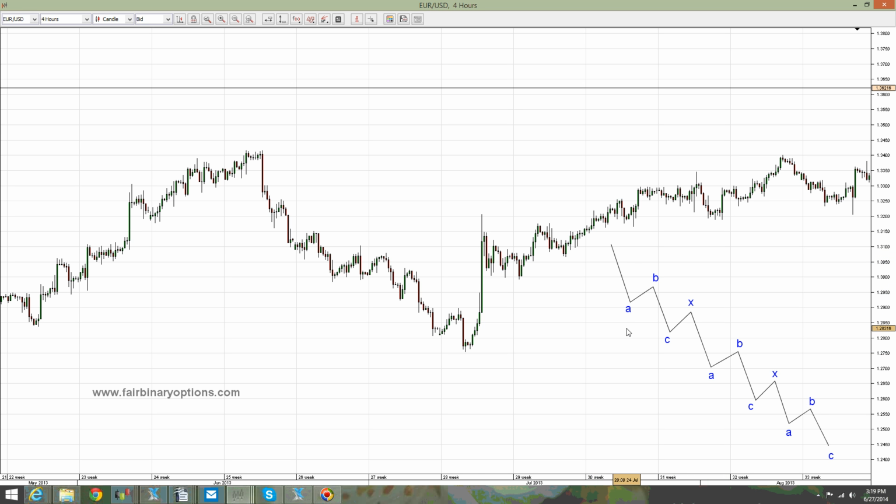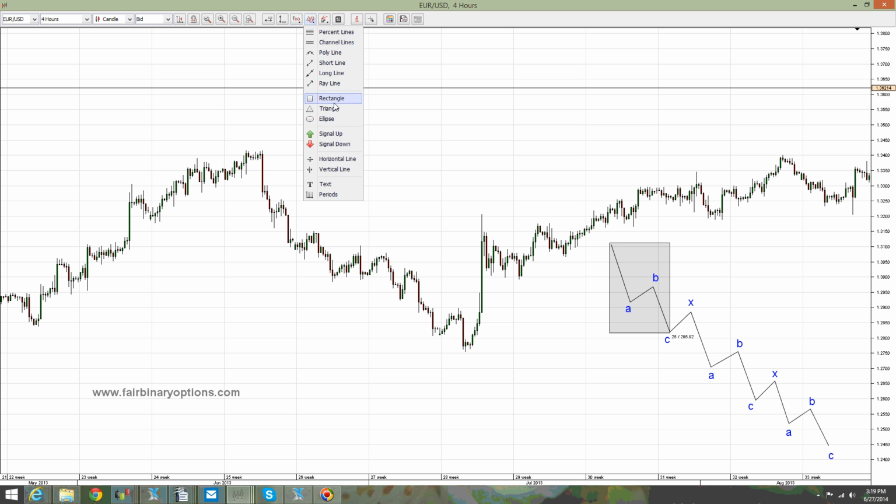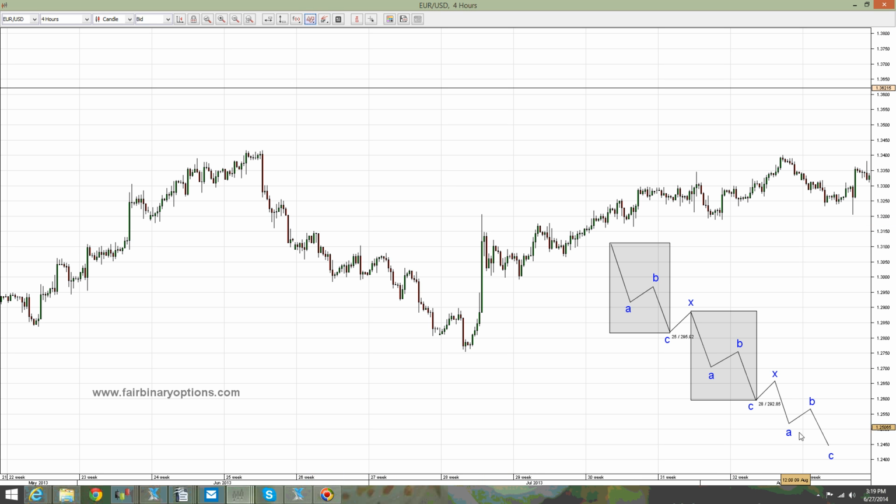One important characteristic to remember is that each and every corrective wave to the downside, so this one here, is a zigzag, and whatever is between these waves are only connecting waves, or intervening X waves, they are called.